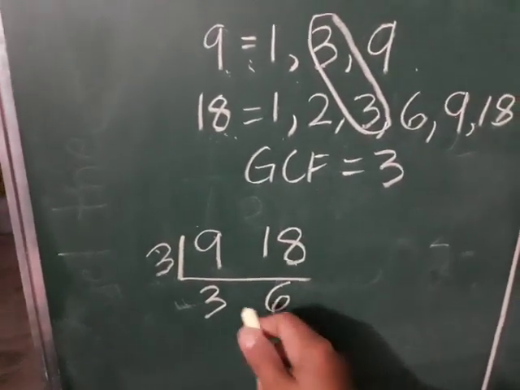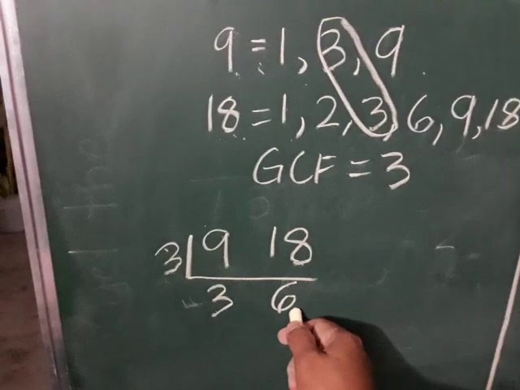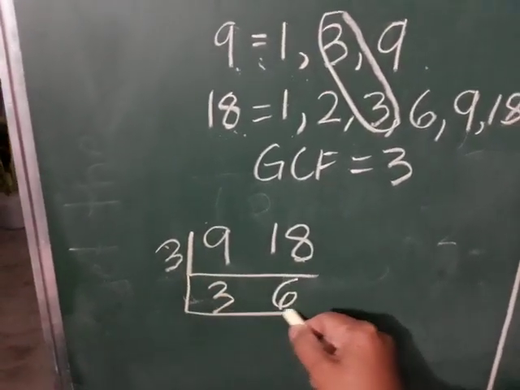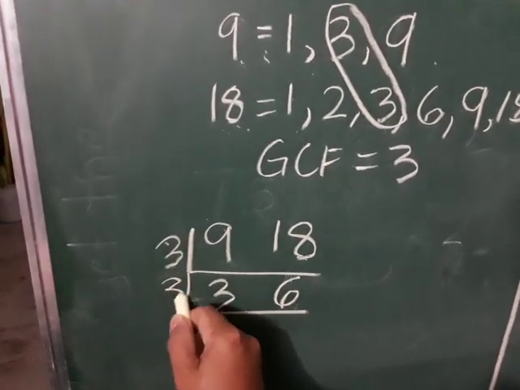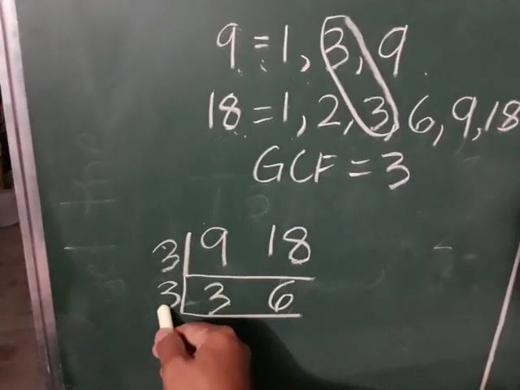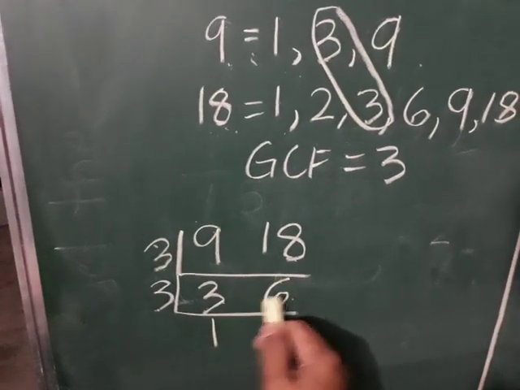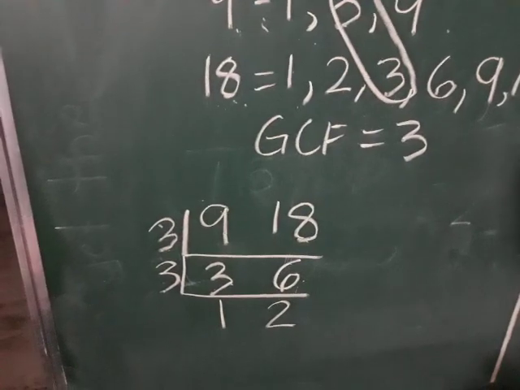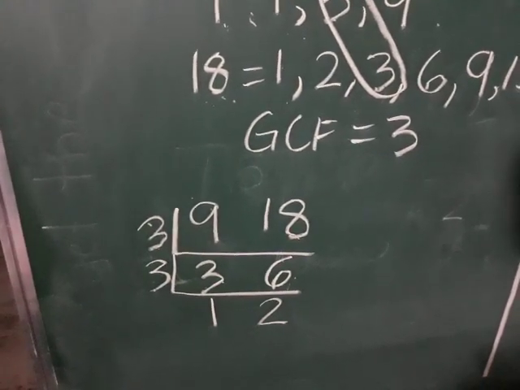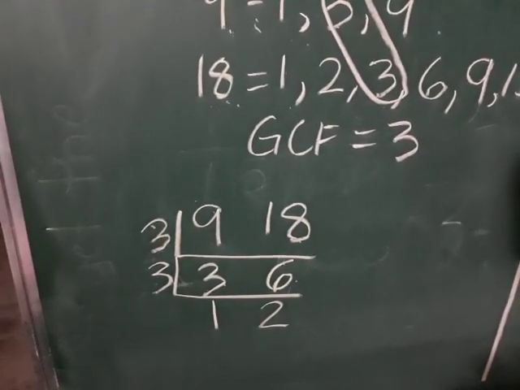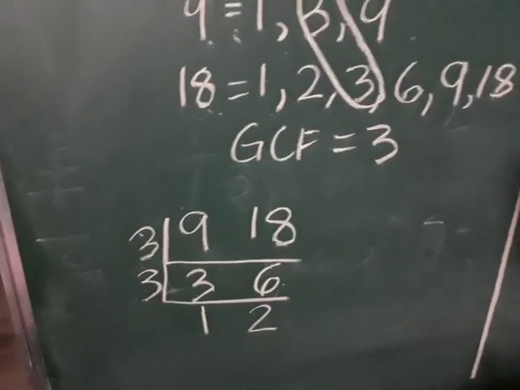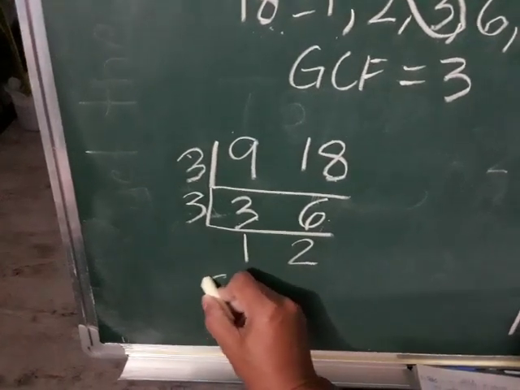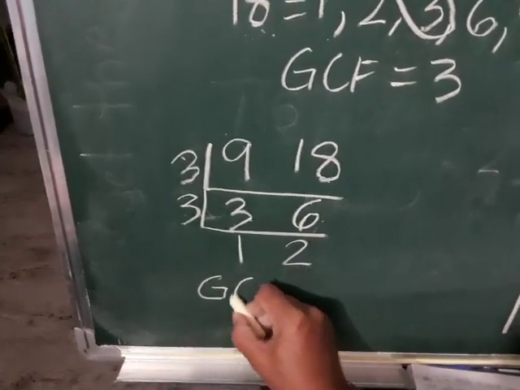Next, their quotients 3 and 6 are still divisible by 3. So let's proceed, divided by 3. Then 3 divided by 3 is equal to 1. 6 divided by 3 is equal to 2. Okay, that's it. Then, of course, how to get the GCF?